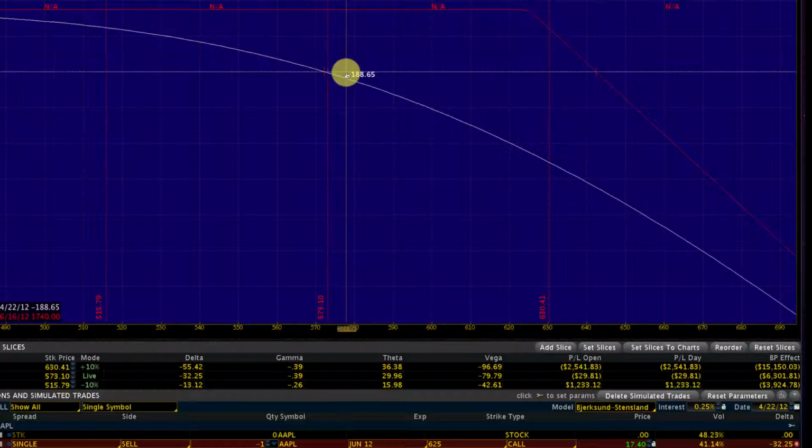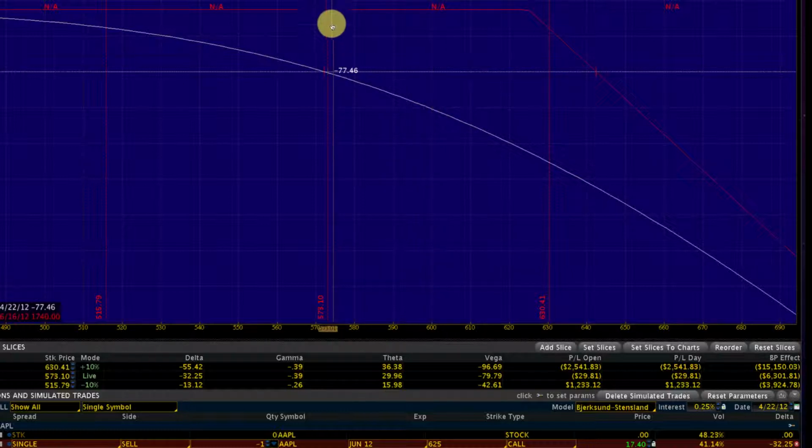Between now and June 16th, if Apple does not cross this area here, 643, the seller is making a profit. Even if Apple goes up a little bit, by $20 or $30, the seller can still make maximum profit on this deal. So we always consider the risk-reward profiles of both the buyer and the seller, and we felt that the risk-reward was skewed towards the buyer.